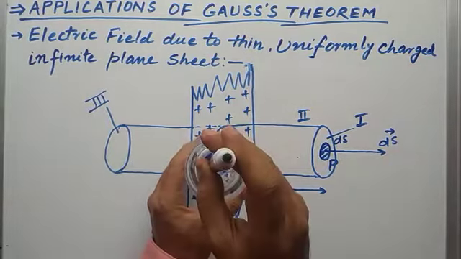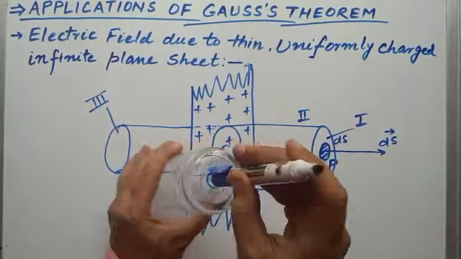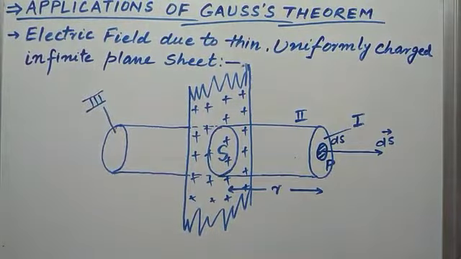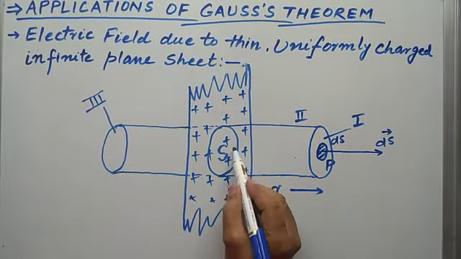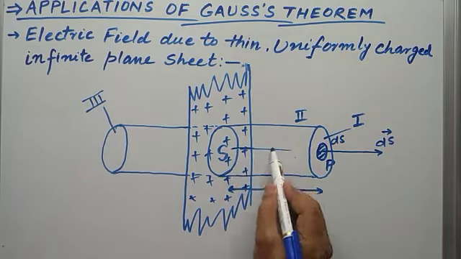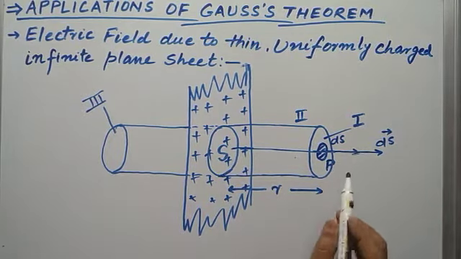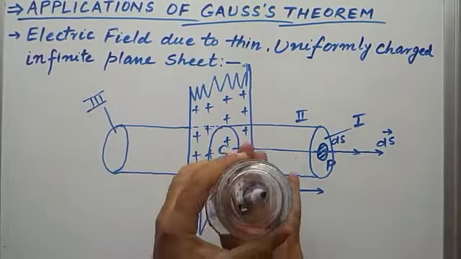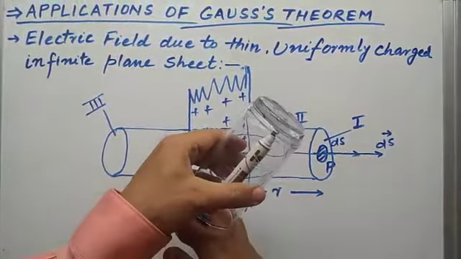The electric field vector is in the same direction, in the direction of the ds vector.